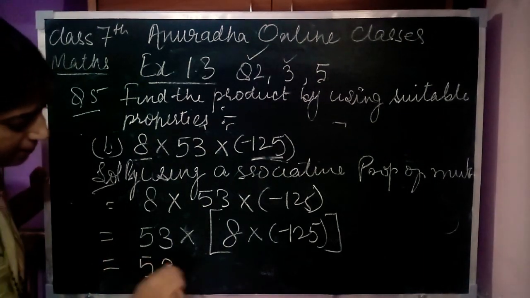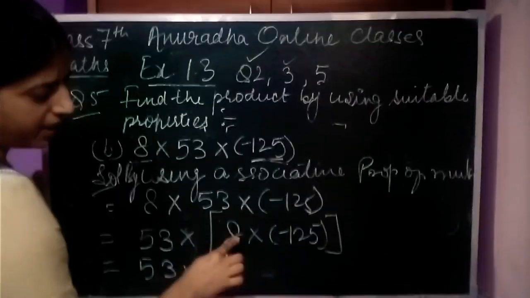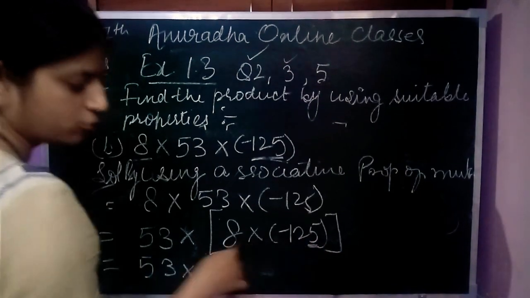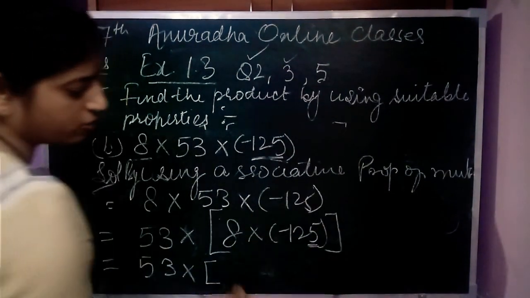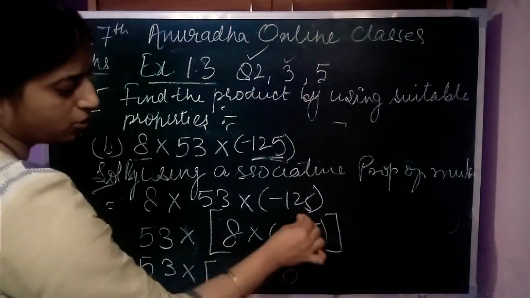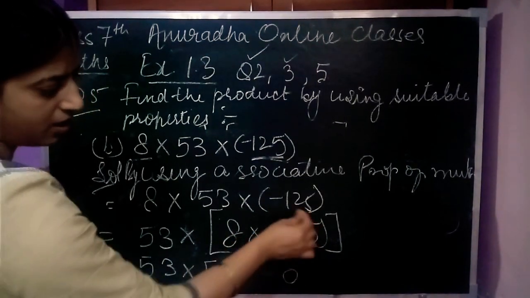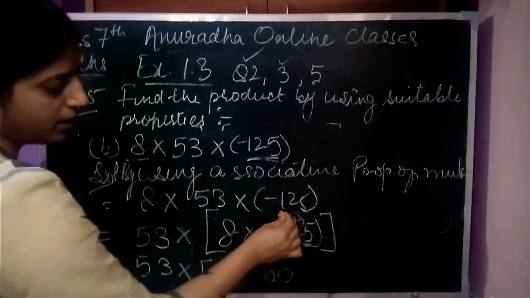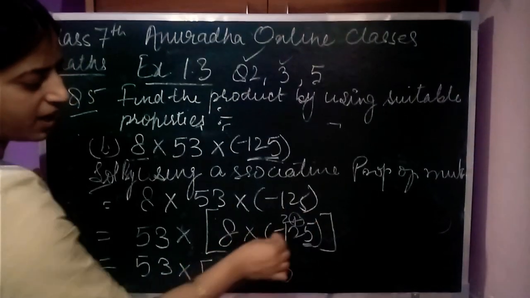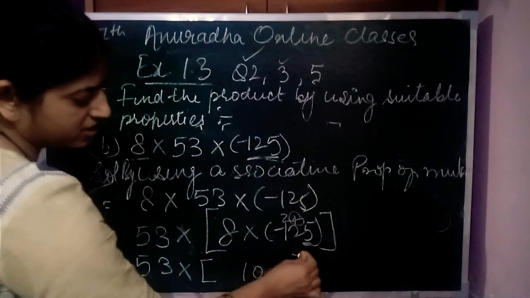Now 53 into 8 into 5. Do the multiplication here only, no need to write in column. 8 5s are 40, 0, carry 4. 8 2s are 16 and 4 is 20, 0 and carry 2. 8 1s are 8, 10. So what you'll get? 1000.